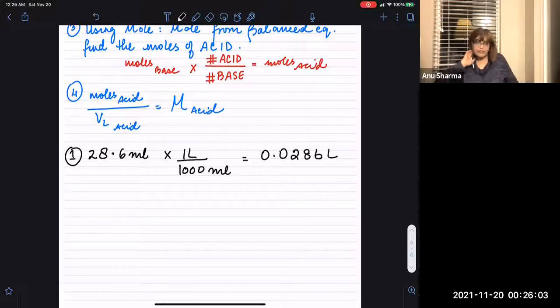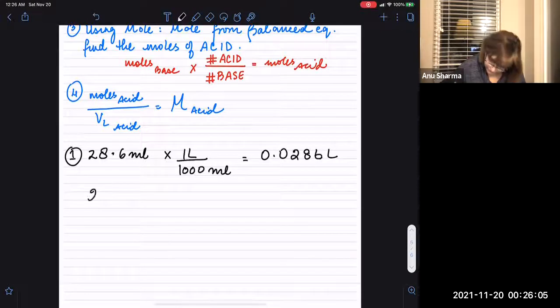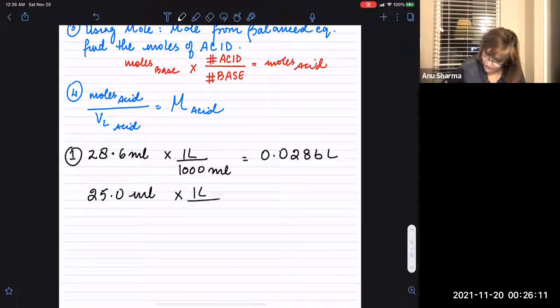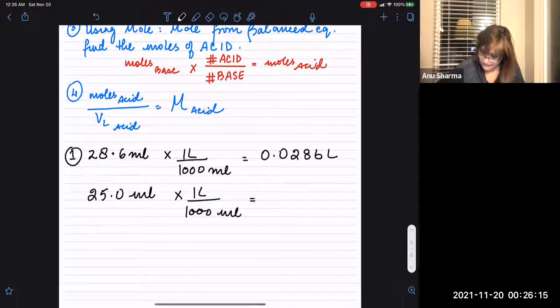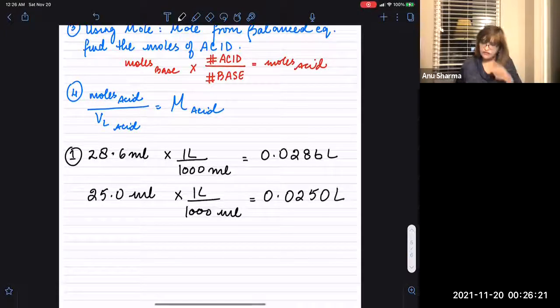Okay. The other one is 25.0 milliliters times 1 liter over 1000 milliliters, and that is 0.0250 liters. That's the first step.